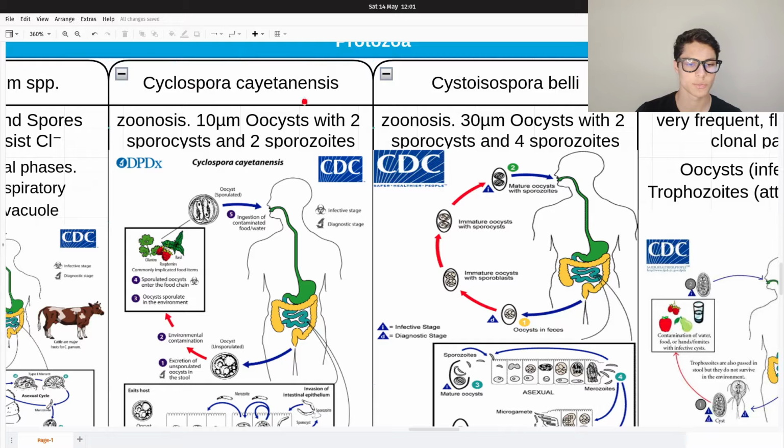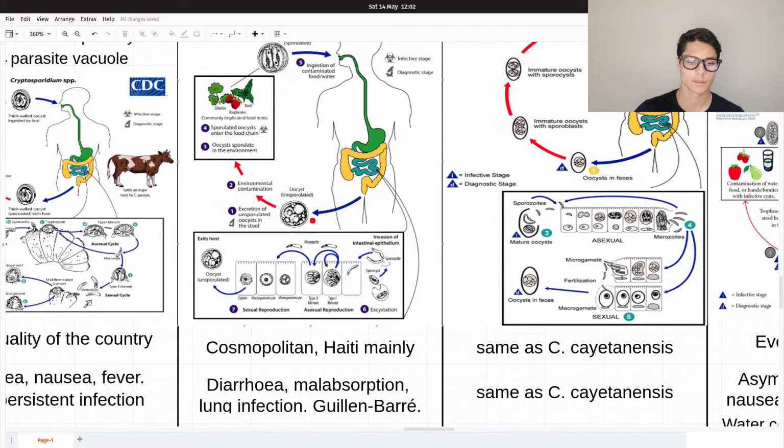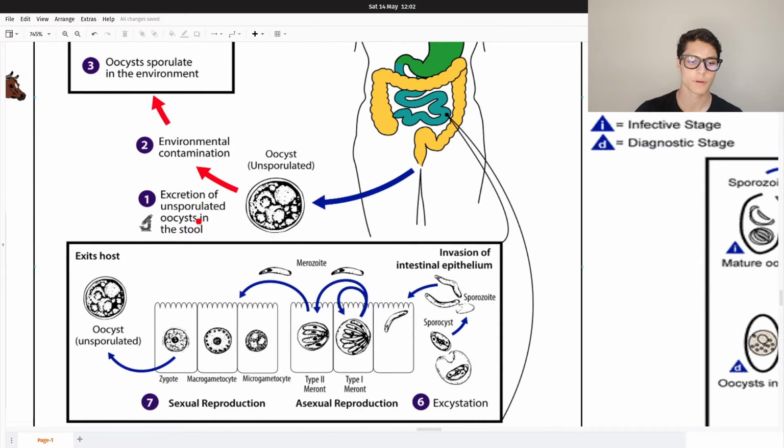Cyclospora cayetanensis is 10 micrometers in size, smaller than Cystoisospora, which is 30. They have oocysts with 2 sporocysts and 2 sporozoites in each sporocyst. In Cystoisospora belli, we have 2 sporocysts and 4 sporozoites in each sporocyst. The life cycle starts with the excretion of unsporulated oocysts in the feces.